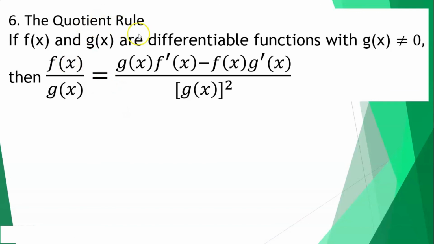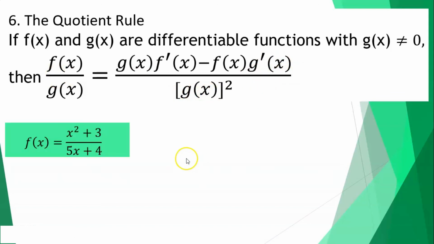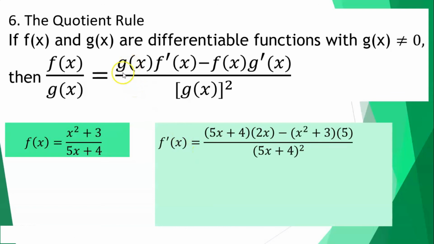Okay, now for the quotient rule, if you're given f(x) and g(x), and they are both differentiable with g(x) not equal to 0, to get its derivative, copy the denominator, multiply with the derivative of the numerator, minus copy the numerator, multiply with the derivative of the denominator, over copy the denominator raised to the power of 2. So for example, find the derivative of (x² + 3) over (5x + 4). So again, copy the denominator, that's 5x + 4.